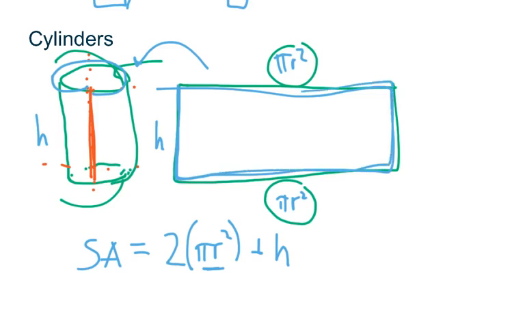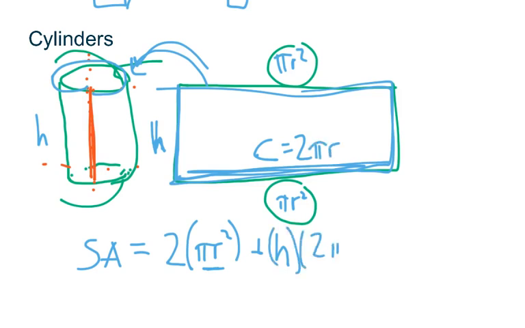So we just need to multiply our height by whatever this length is right here. Well, that used to be a circle, but it's the circumference of the circle. So it's height times your circumference, which is equal to 2 pi r. So we'll have height times 2 pi r. So that's the formula for finding the surface area.